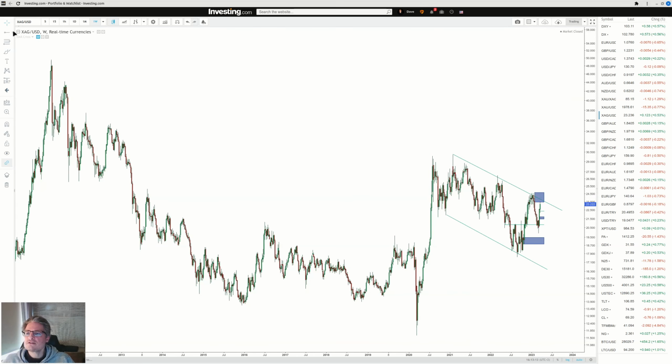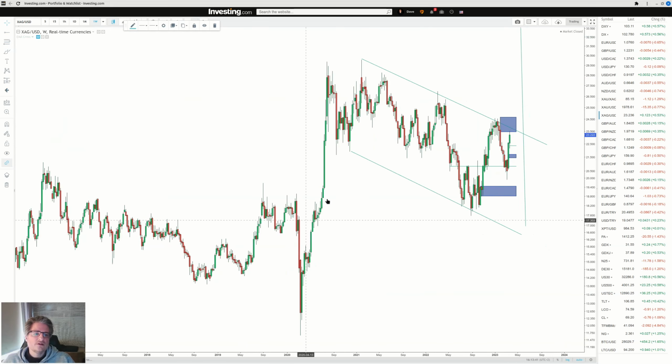So if we measure that move just using a trend line, so going from here to all the way here, and if we take this one and we just place it here, then this could be the next target, and that coincides exactly with this level right here. What a coincidence. So this is more or less the level that we could see price go to.